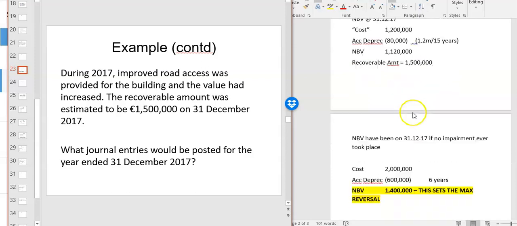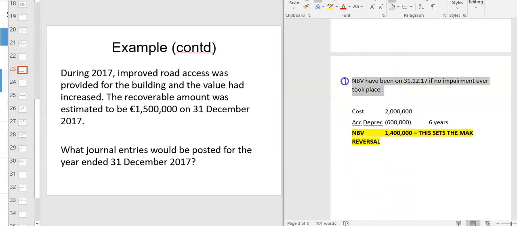So when you're dealing with a reversal of impairment, you need to know what the net book value would have been if no impairment ever took place in the first place. So max reversal equals 1.4 million versus 1.12 million, which is 280,000. You cannot reverse it above 280.